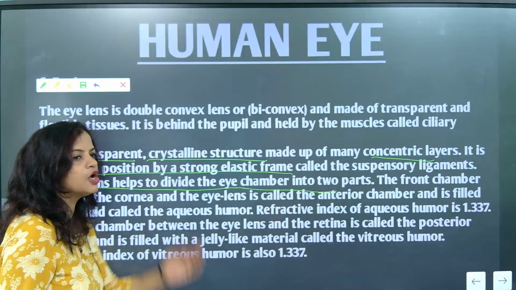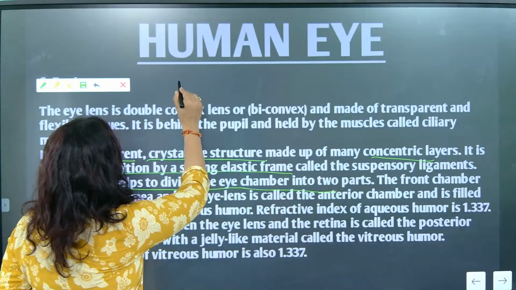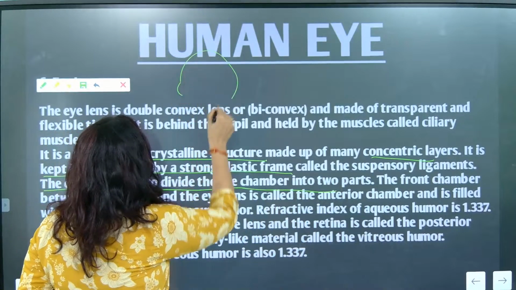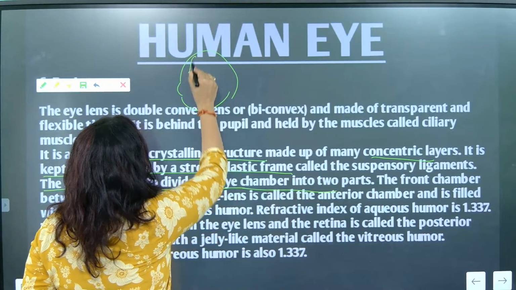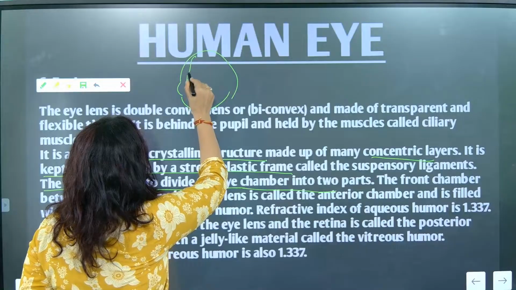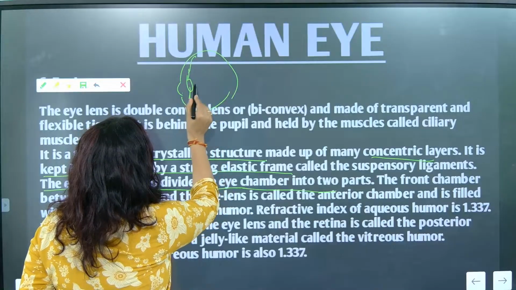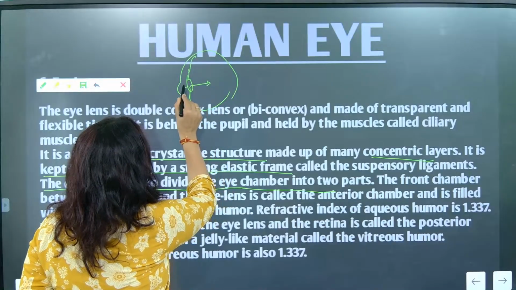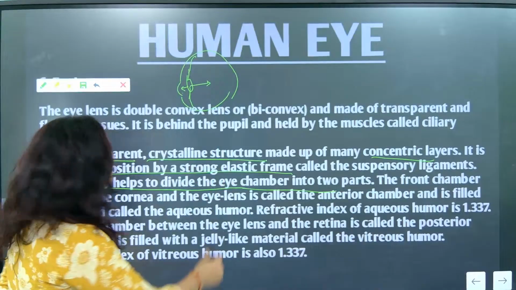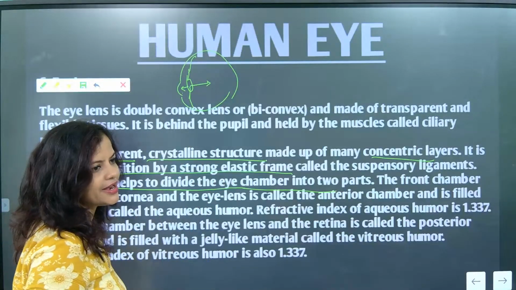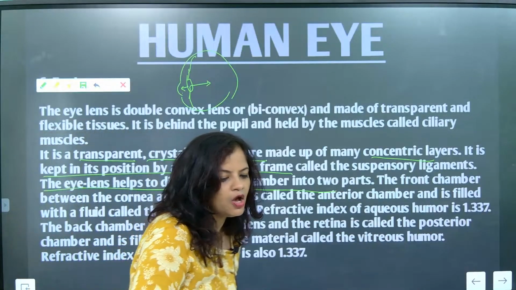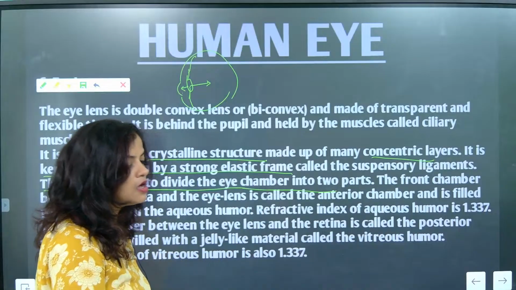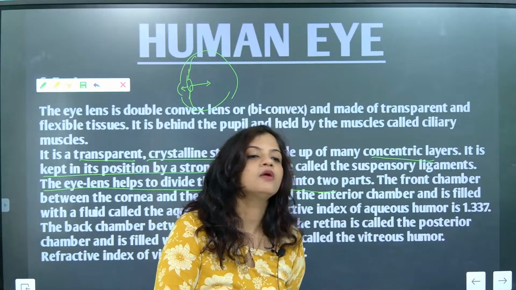This is the cornea, this is the eyeball and this is the lens present here. The lens divides the chamber into two parts: anterior and posterior.